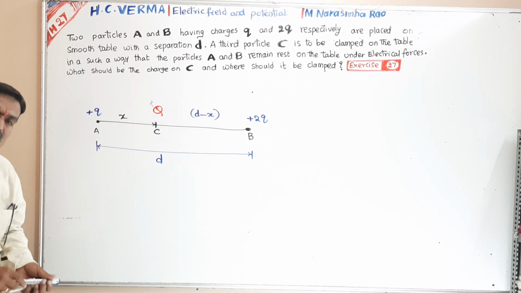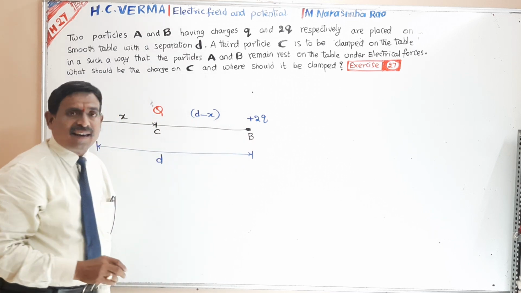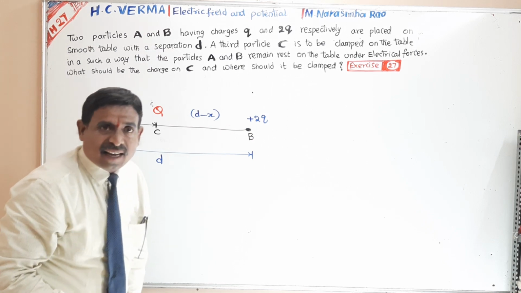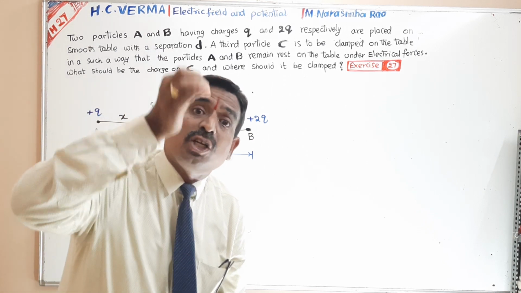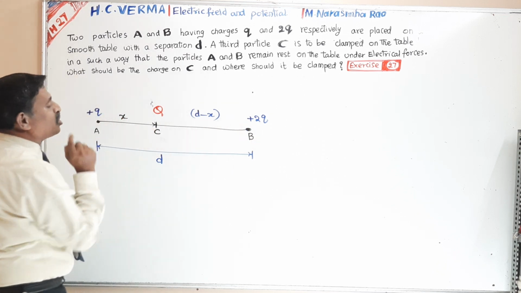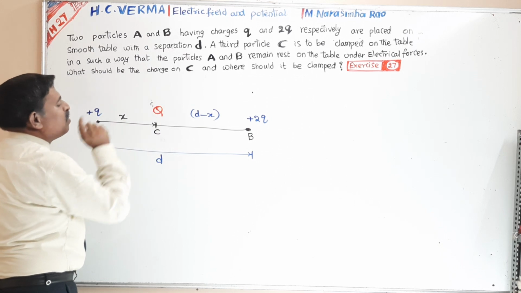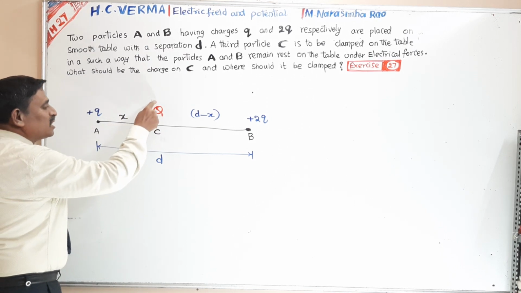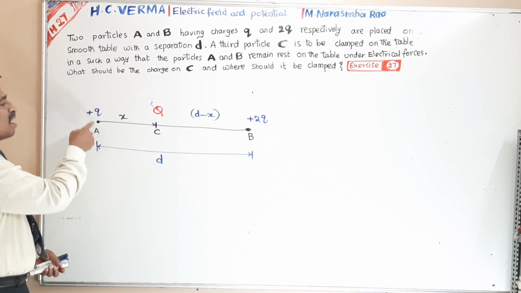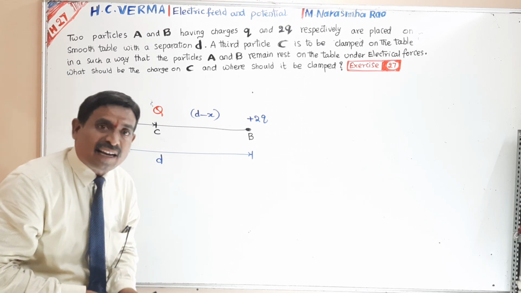Now please listen. If two positive charges or two negative charges are there, the third charge should be kept in between these two charges. I am keeping this charge at the point C, at a distance of x from the charge Q. Whether it is a positive or a negative charge?